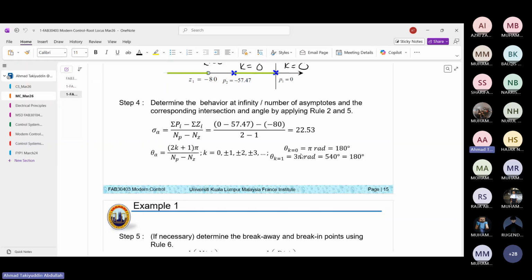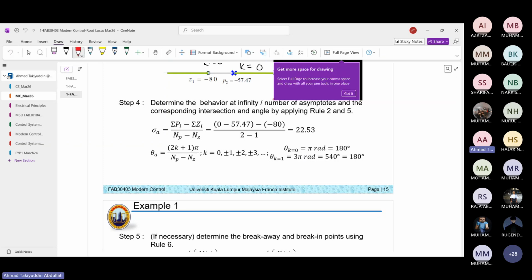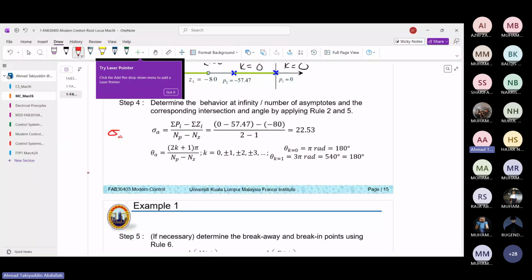Let's look at that. We are going to have two values that we are going to look for. One is going to be sigma A, normally just 1 point. Then we are going to have theta.